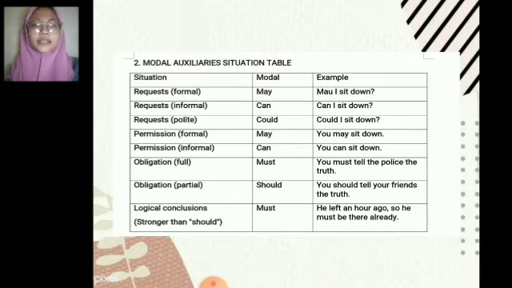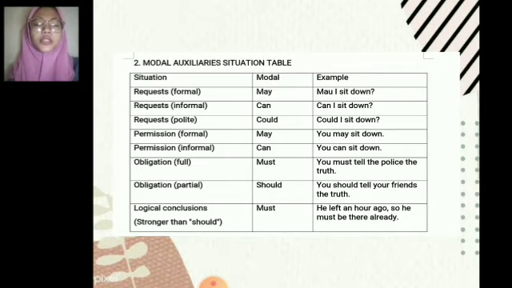The next is the modal auxiliary situation table. There are some situations like request formal, request informal, request polite, permission formal, permission informal, obligation full or obligation partial, and logical conclusions stronger than modal should.